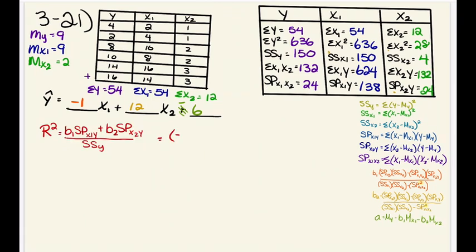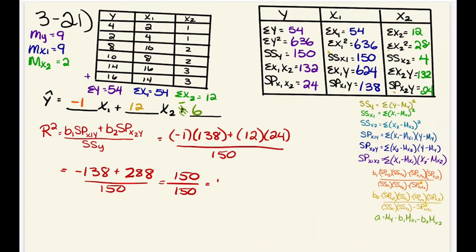The value of a capital R squared describes the proportion of the total variability of the y-scores that is accounted for by the regression equation and is calculated by multiplying beta 1 by the sum of products of x1 and y and adding the product of beta 2 multiplied by the sum of products of x2 and y.